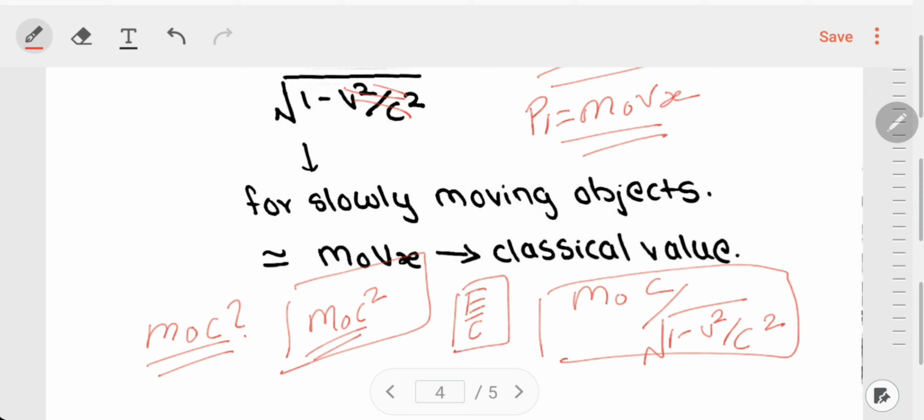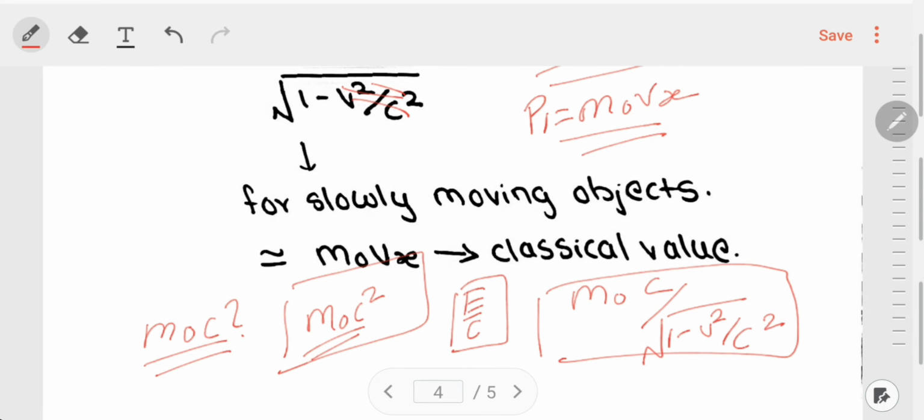Okay, so we'll not discuss this zeroth component of momentum, that is energy, in this lecture. We'll dedicate a separate lecture for that, which will be the next lecture of this 4 vectors series. So I'll just leave this topic for the next lecture.